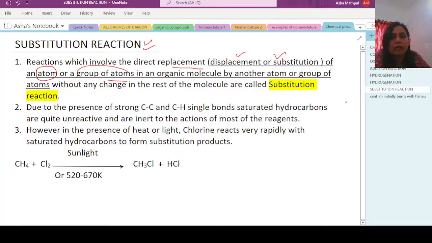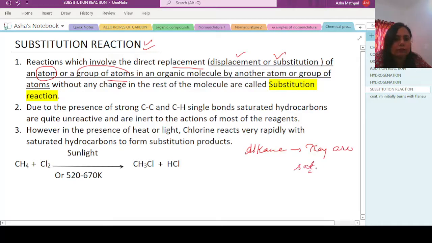Basically, in the addition reaction, we understood that alkanes never want to undergo a chemical reaction easily. Why? Because they are saturated, or in very simple words, they are happy, because they have single bonds between carbon and carbon atoms.